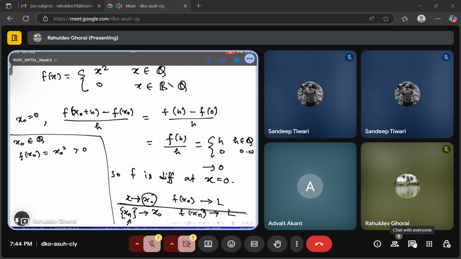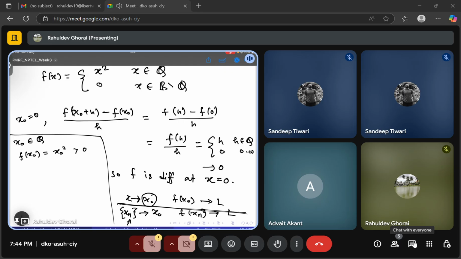I think the professor did not mention it, but this will be used in solving many questions. You can just remember it. This is very useful. You will see using this how rigorously we can prove that at x naught it is not differentiable. First, it's not even continuous.